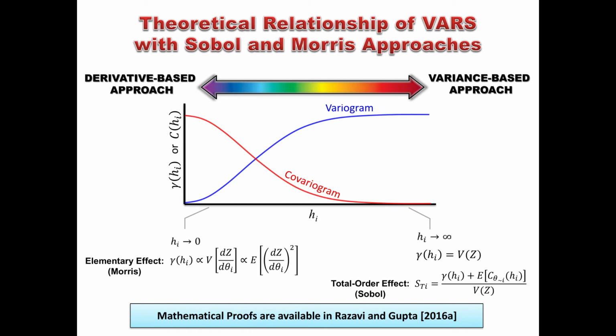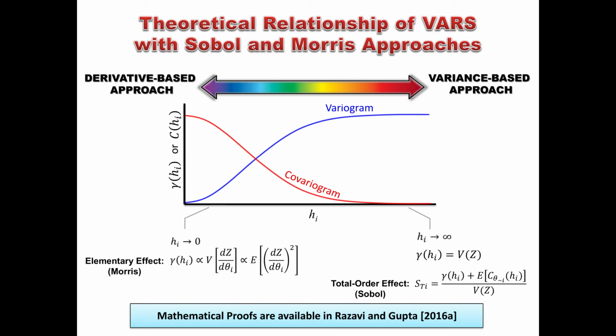For large h values, you get to a sill in variograms, and at that sill, the value of gamma is close to the variance of the stochastic process underlying the model response. So now the relationship with the variance-based approach becomes clear, and with some mathematical manipulations, we can derive Sobol total order effect out of the variogram and covariogram equations.